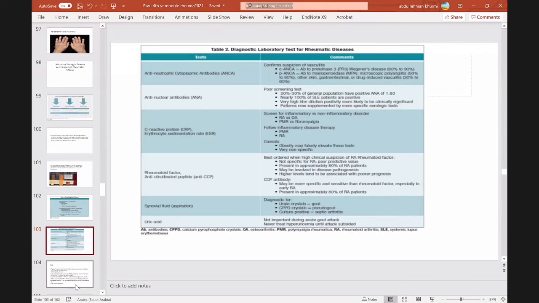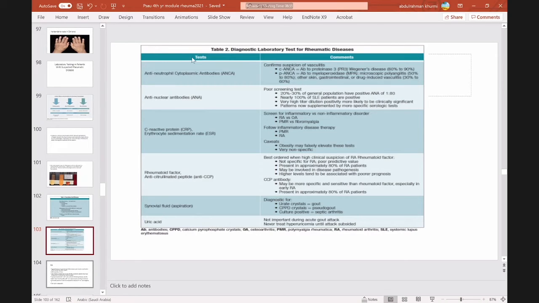Other labs you can do are systemic labs, which include antinuclear antibodies, C-reactive protein and ESR, rheumatoid factor, anti-cyclic citrullinated peptide antibody, and also uric acid in the blood. And other labs including ANCA, which is anti-neutrophil cytoplasmic antibodies.